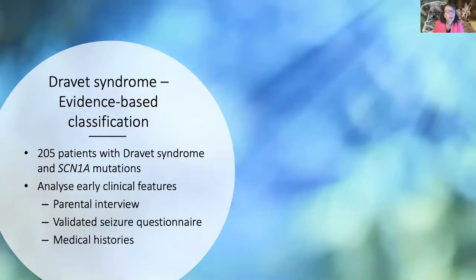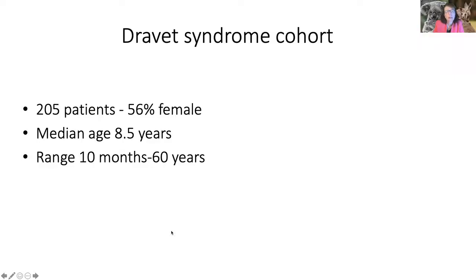In the study I'm going to present to you, we had 205 patients with Dravet syndrome from our epilepsy research database. These patients have been studied over the last 15, 20 years. We analysed their early clinical features, which involved parental interview, a validated seizure questionnaire, and medical histories. Just over half were female.